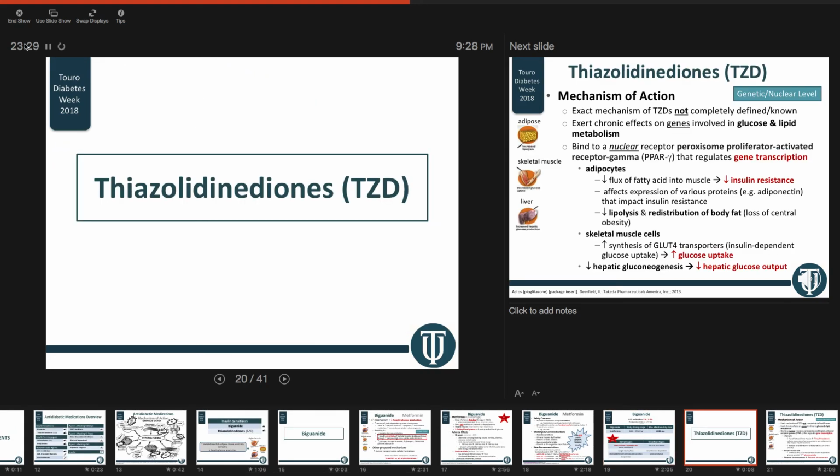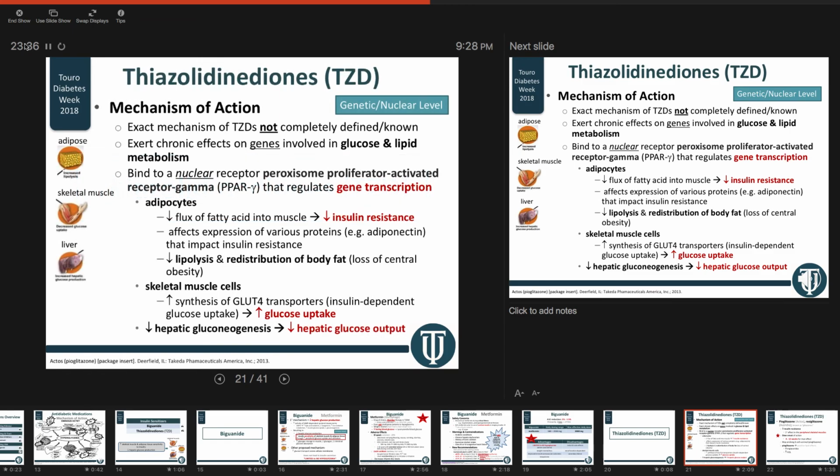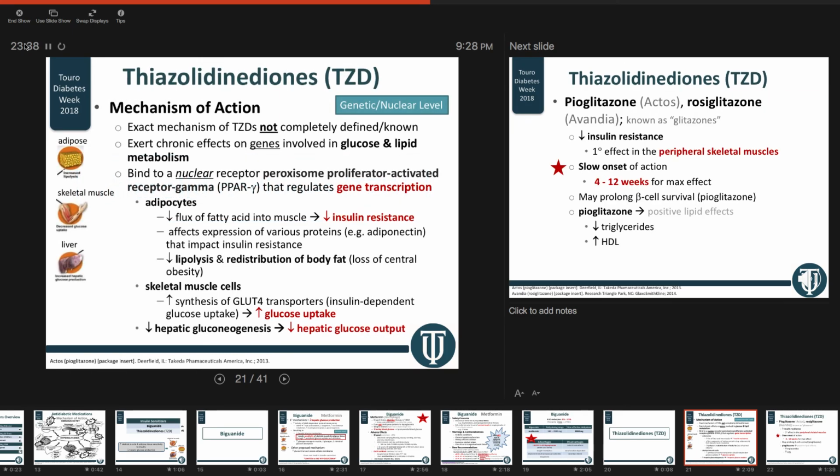So the next class is TZD, thiazolidinediones. So how do they work? The exact mechanism of action of TZDs, we don't really know, but we think that they impact glucose and lipid metabolism at the gene level, so genetic level.